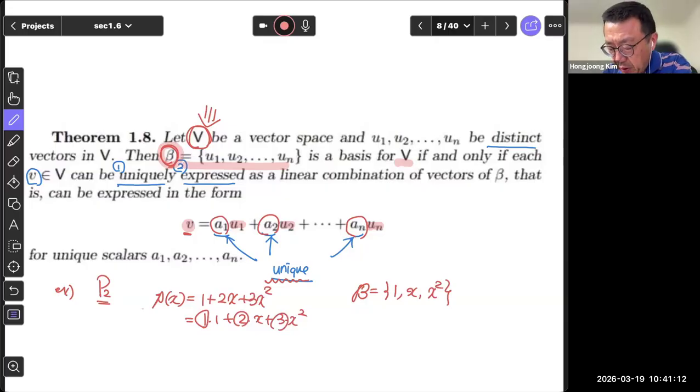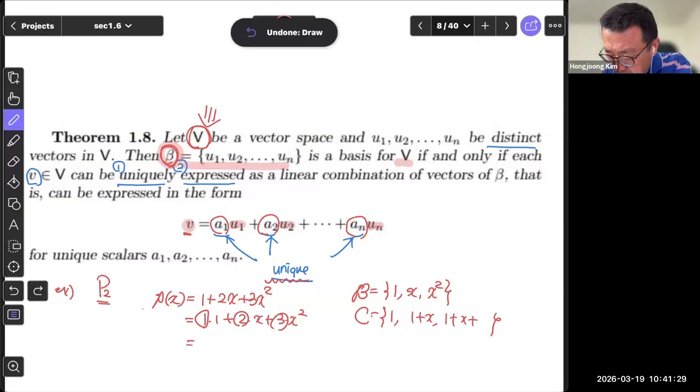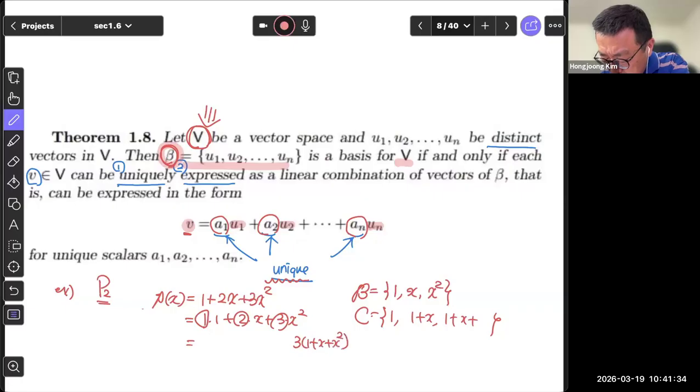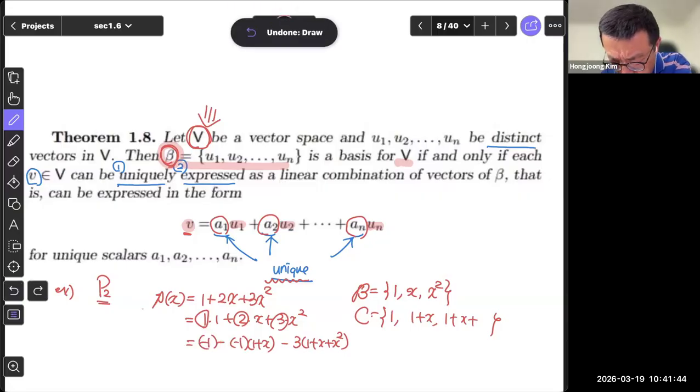If I consider a different basis, say some basis C with 1 plus x, 1 plus x squared, and so on, then the same polynomial P can be written as 3 times (1 plus x squared) plus minus 1 times (1 plus x) and minus 1 times 1 plus this.